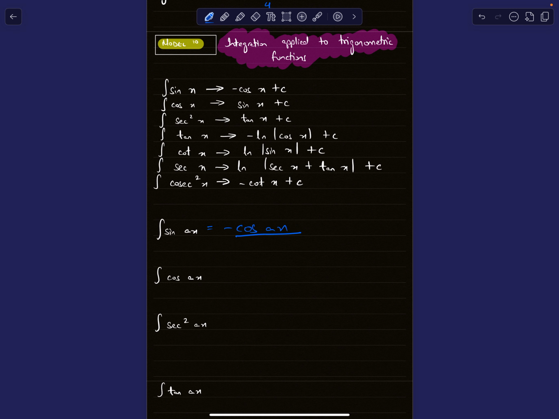Remember that when differentiating, we multiply by the differential of this thing, but in this case, since we are integrating, we divide, plus c. And then the integral of cos x is sine, so we have sin ax as it is, divided by the differential of ax, that is a.